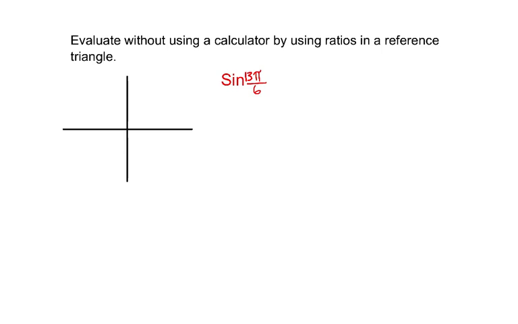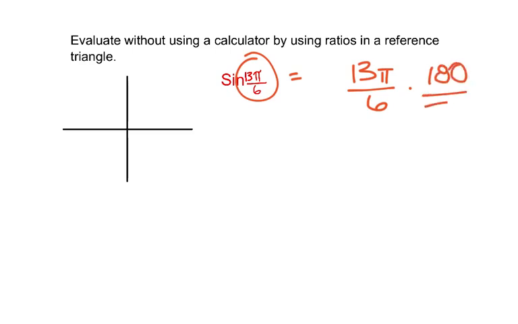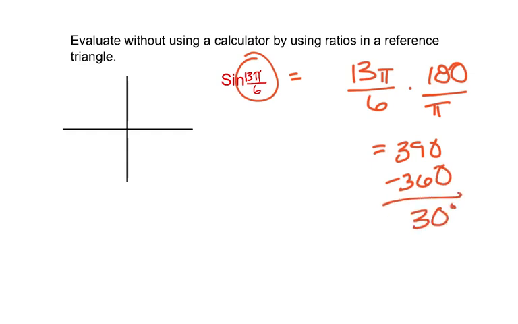Alright, the next one they want you to evaluate sine of 13 pi over 6 without using a calculator. Probably best to convert this into degrees, so 13 pi over 6 times 180 over pi. Makes 390, but of course that's not one of the unit circle degrees, so it's actually 30.